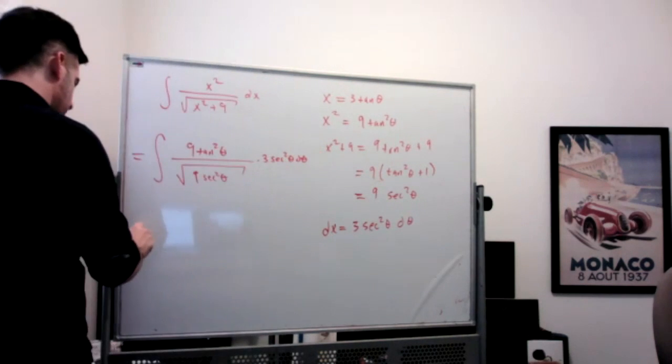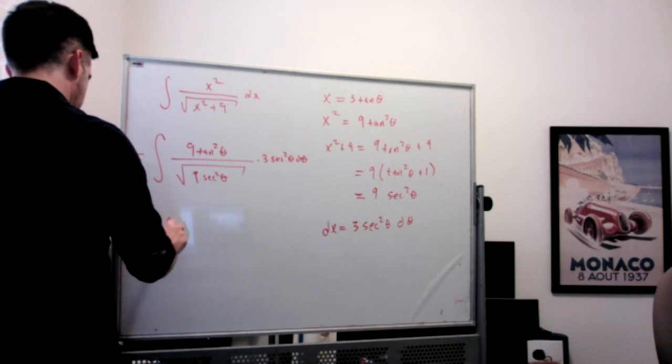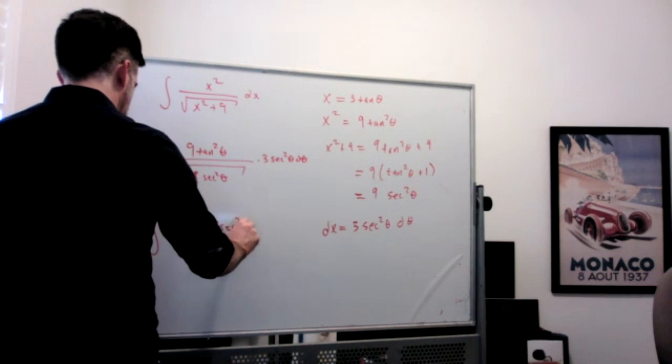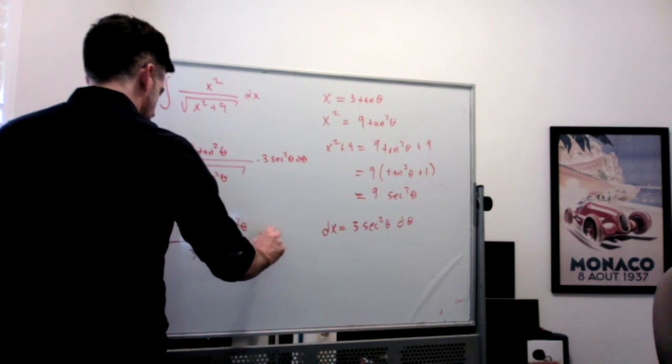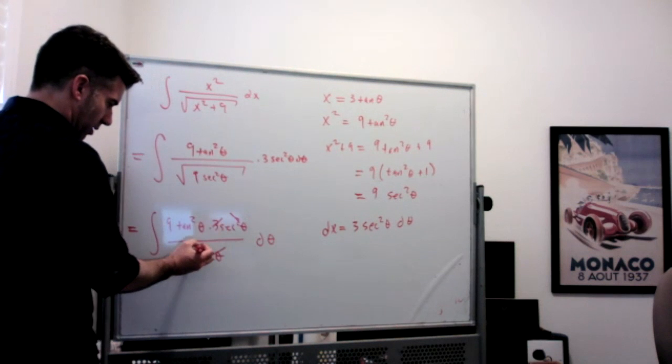Okay, this is going to end up being, let's see, the integral of 9 tangent squared times 3 secant squared over 3 secant, and then I can cancel a secant here and a secant here and a 3 here.